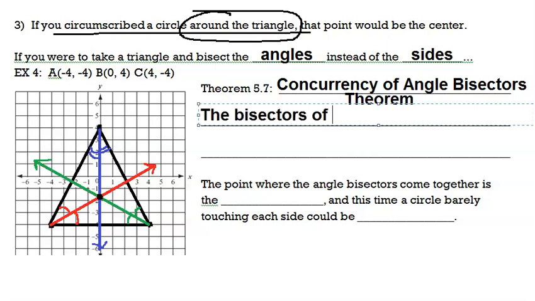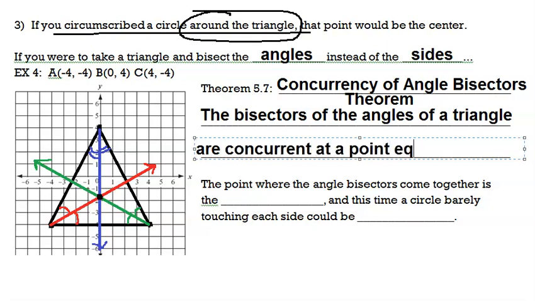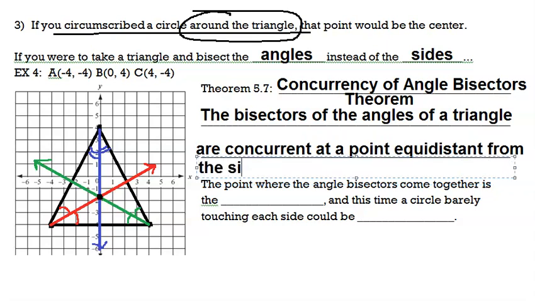The bisectors of the angles of a triangle are concurrent at a point equidistant, so once again, we're talking equal distance from the sides of the triangle. So let's talk about what that means.